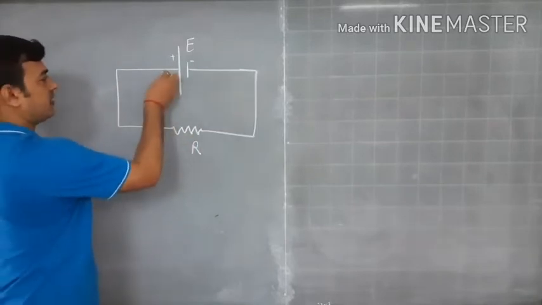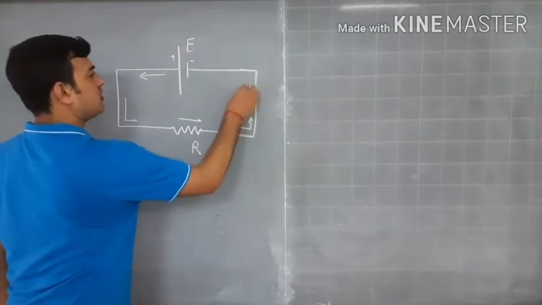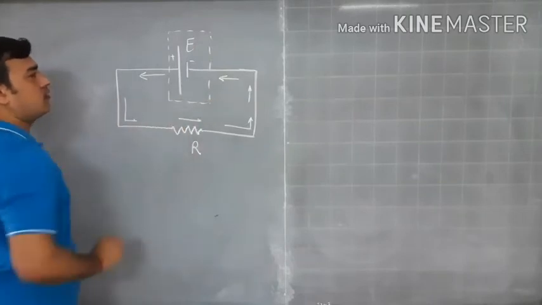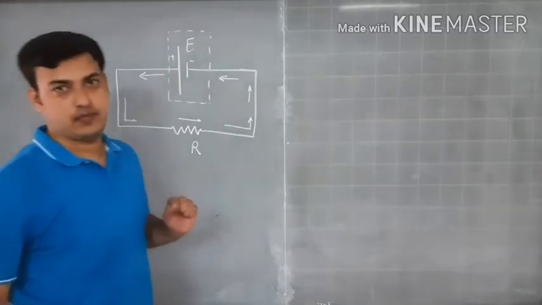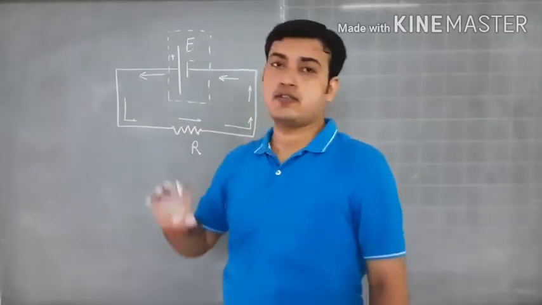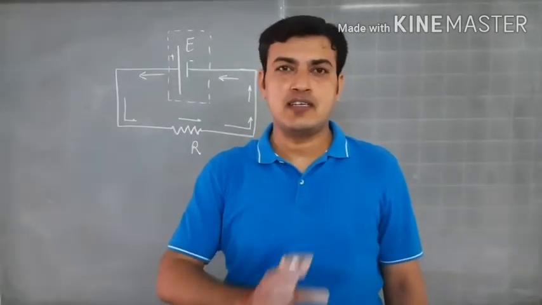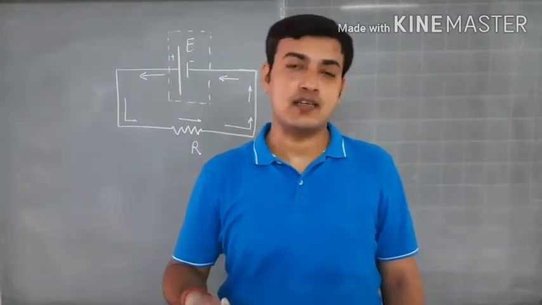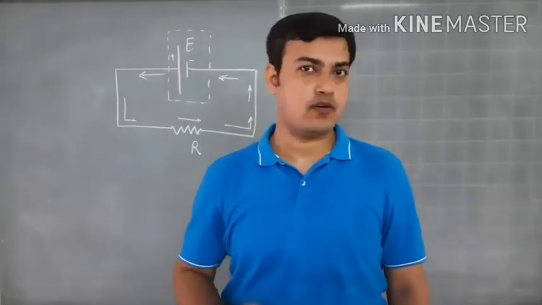In the external circuit, the current flows from higher potential to lower potential like this, but inside the cell, the positive charge moves from lower potential to higher potential against the other ions and the electrolytes of the cell. So the electrolyte of the cell offers a resistance to the flow of charge inside the cell, and we name this resistance that exists inside the cell the internal resistance of the cell.